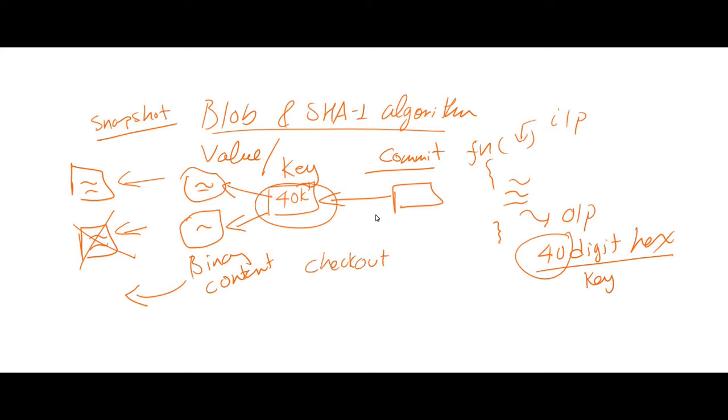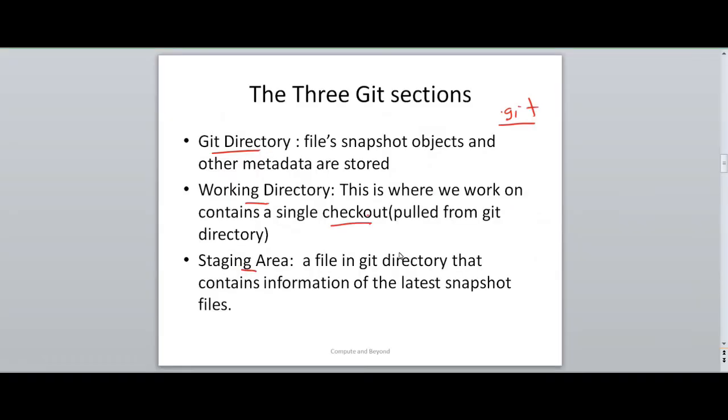When we say checkout, of course it will refer to the files that had the binary format, and this binary format will be recreated into the original file. Simply, what it does is recreate the original file from the binary file, which is of course referred by a 40-digit hexadecimal value.